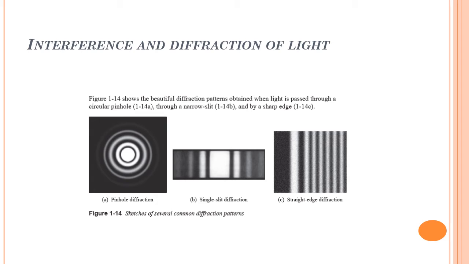So this figure shows beautiful diffraction patterns obtained when light is passed through a circular pinhole, 1.14A, through a narrow slit, 1.14B, and a sharp edge, 1.14C.